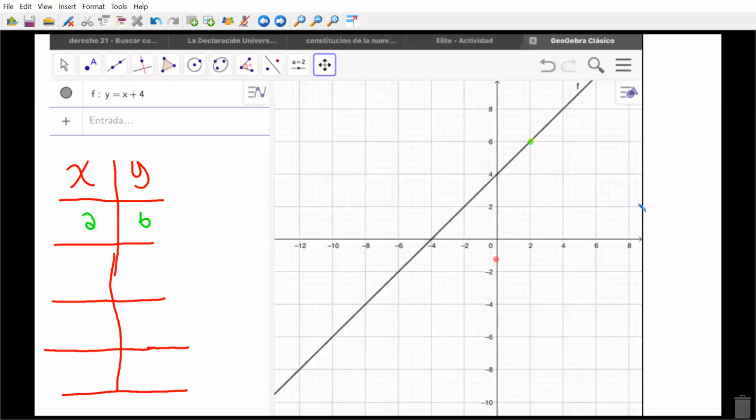So the first point, and I am going to name point A, the coordinates of point A are 2, 6. Yes? Yes. Okay, now Ms. Lopez, what are the coordinates of point B? Y equals 4 and the x 0. So 0, 4 are gonna be the coordinates of point B.